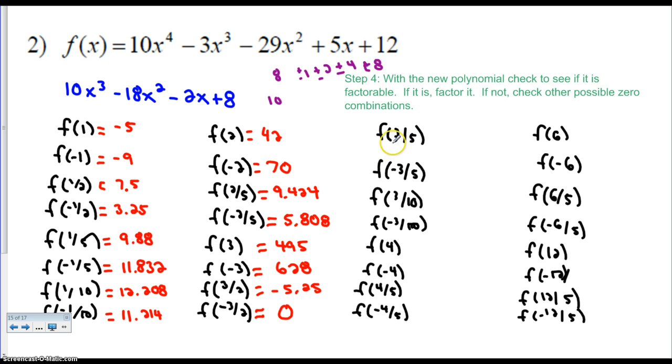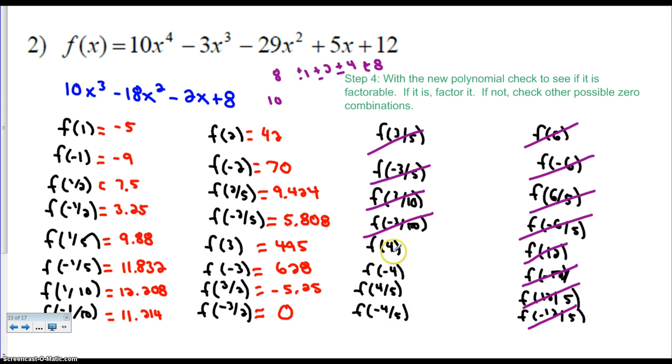Like I know 3/5, 5 is a factor of 10, but 3 is not a factor of 8, so I can cancel that one out and that one. 6 doesn't work, negative 6 doesn't work. These don't work because they aren't factors of 8. So these all don't work. So I only know that it could be 4, negative 4, 4/5, or negative 4/5.